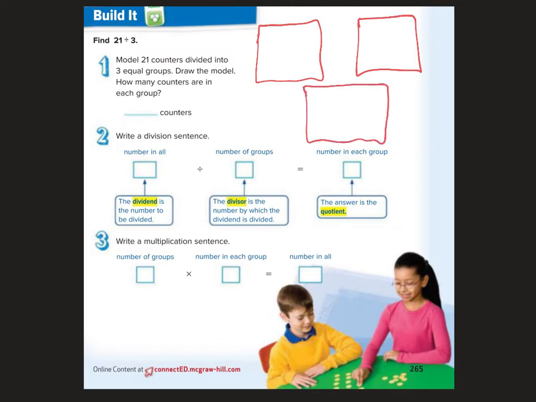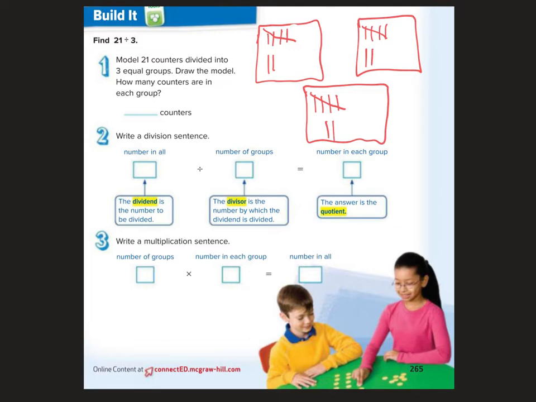And then I have to figure out 21, okay? 1, 2, 3, 4, 5, 6, 7, 8, 9, 10, 11, 12, 13, 14, 15, 16, 17, 18, 19, 20, 21.